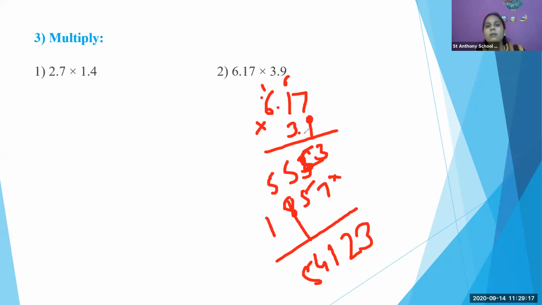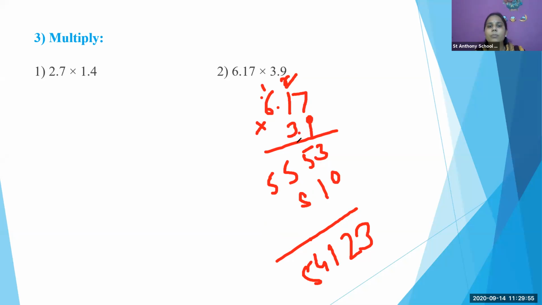Now here 0 is there. 3 sevens are, wait a minute. Here 0 will come. 3 sevens are 21. Then here 2 carry over. 3 ones are 3 plus 2, 5, right?